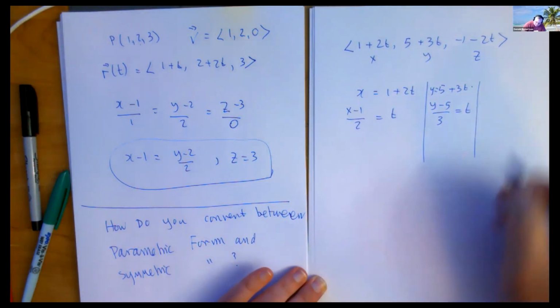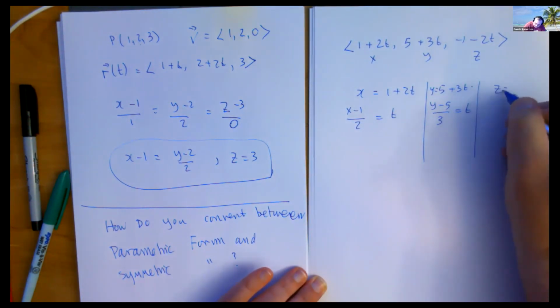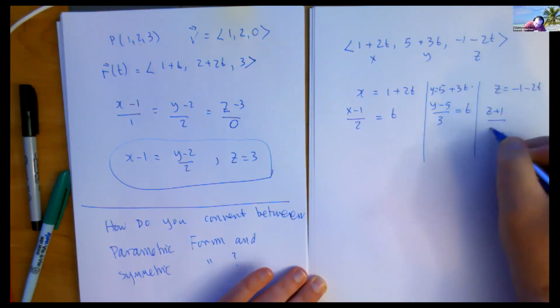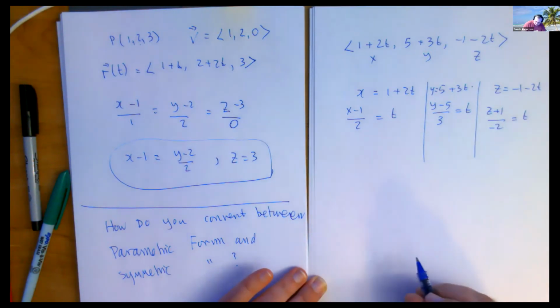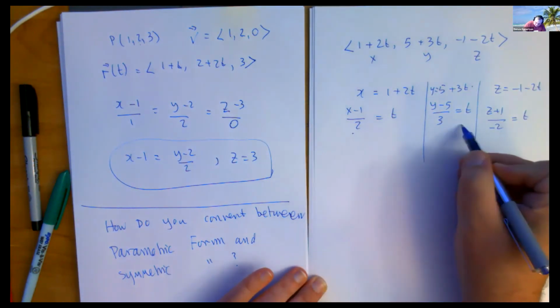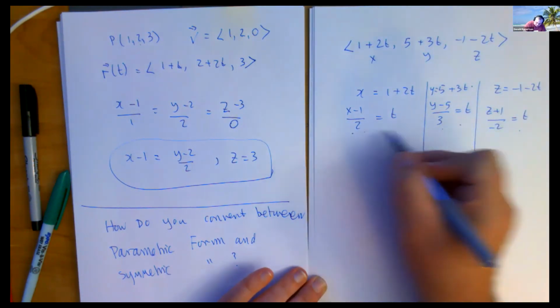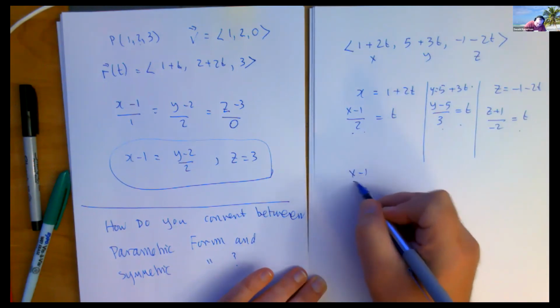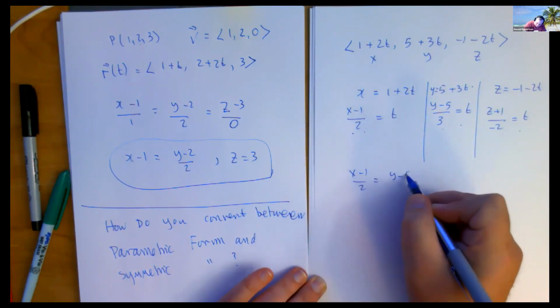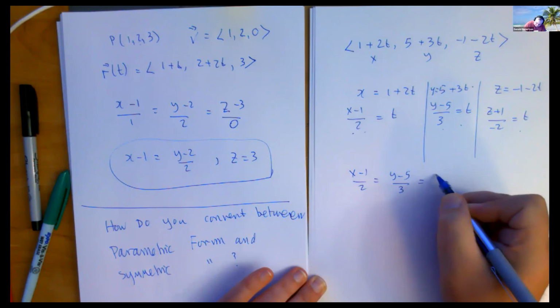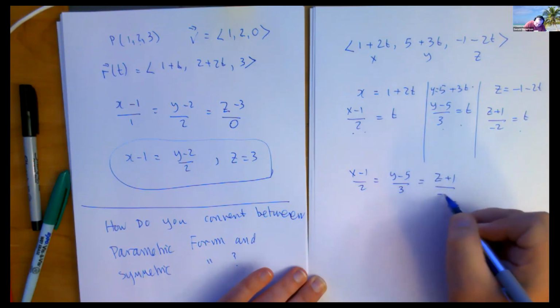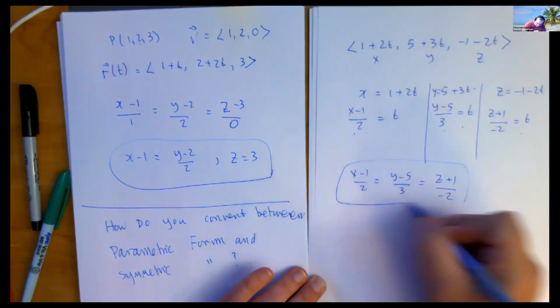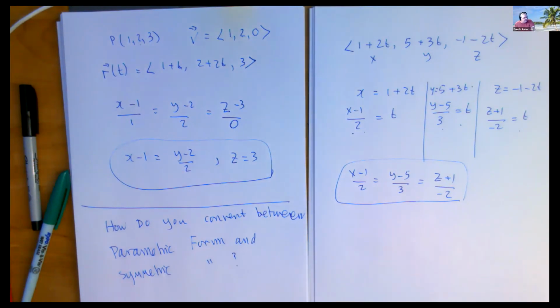And if you take the z coordinate, you get that. Now, these are all equal to each other because they're all equal to t. And now we've converted it.